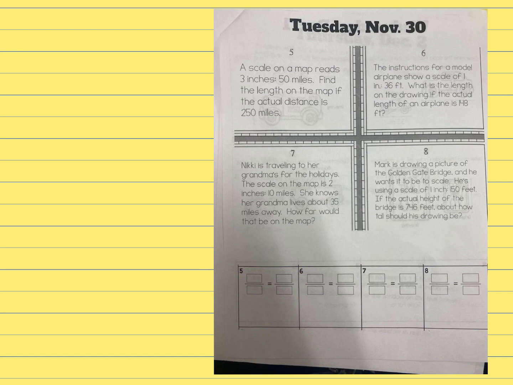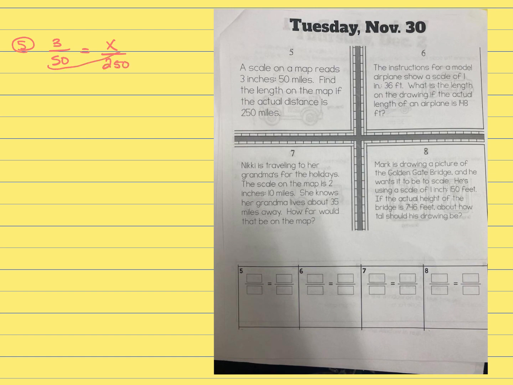So for number 5, we have a scale map. A scale on a map reads 3 inches is to 50 miles. Find the length of the map if the actual distance is 250 miles. So now it is 3 inches is to 50 miles as X is to 250 miles.